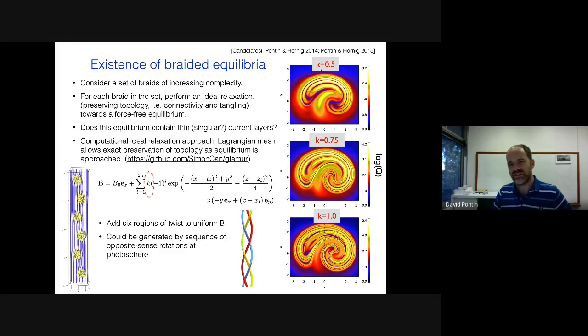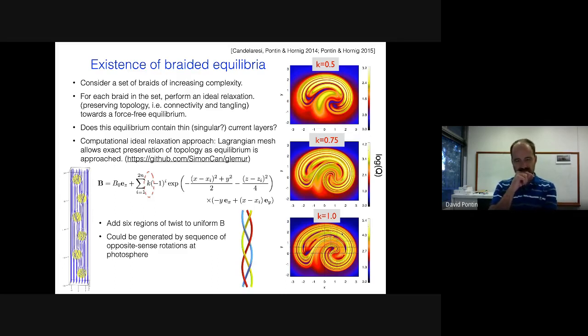And what we can see as we go from the top to the bottom is that if we increase our k parameter, then the peak value of that squashing factor will increase, and also we'll get many, many more of these narrow layers of Q, the squashing factor.